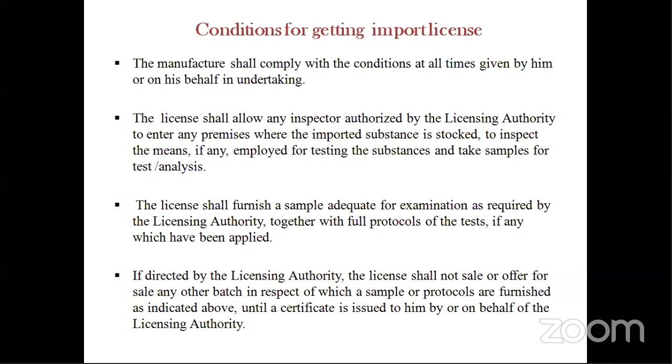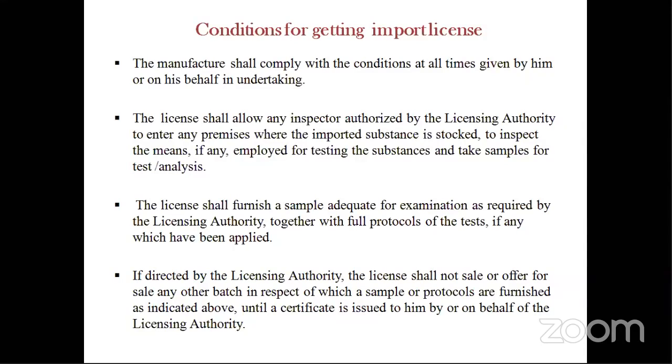Now, what are the conditions we have to meet for an import license? We have to maintain those conditions for getting the license for import. First, the manufacturer shall comply with the conditions at all times given by him or on his behalf in the undertaking.